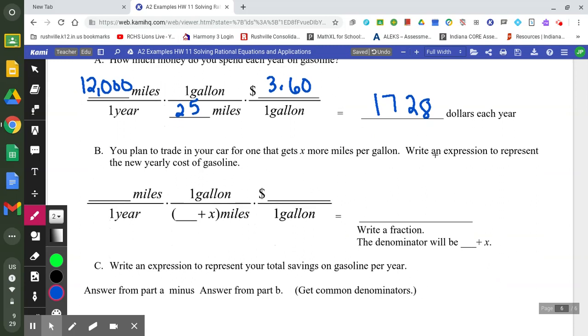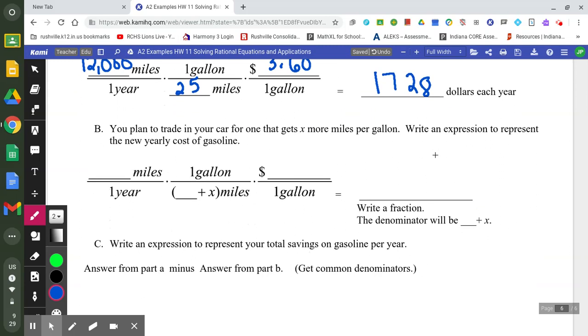Then we go to part B, and you plan to trade your car in for one that gets X more miles per gallon. So write an expression to represent the new yearly cost of gasoline. So I still have the 12,000 miles a year, but this time 1 gallon of gas goes 25 plus some amount of miles.